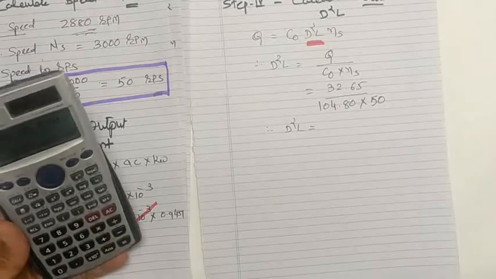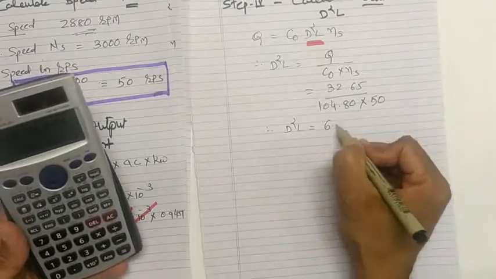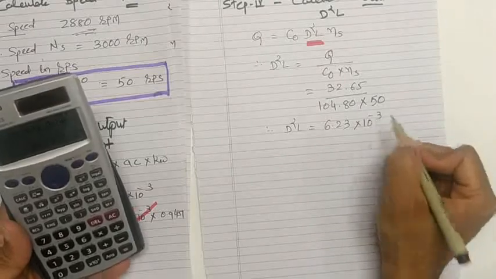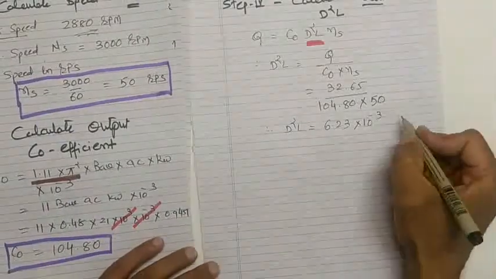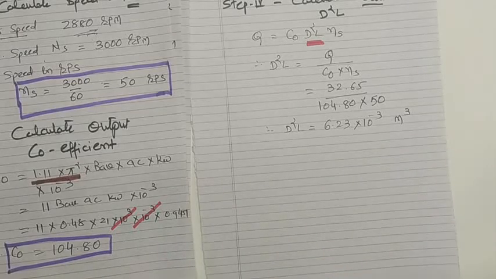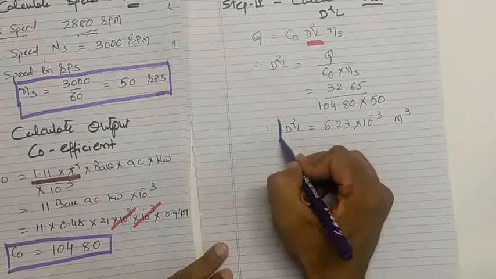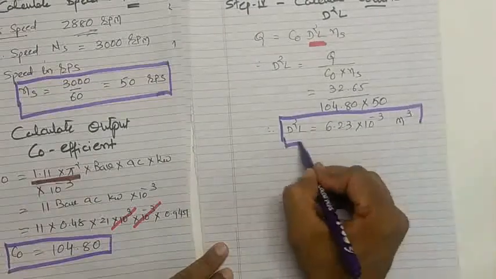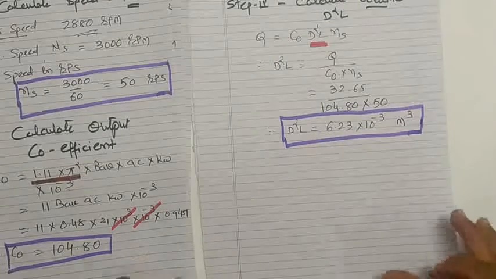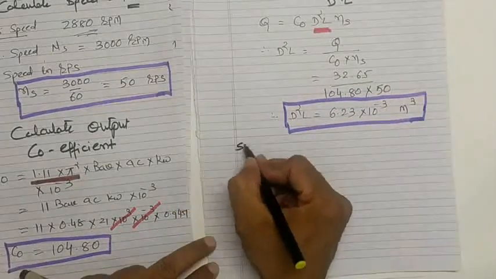It comes to 6.23 multiplied by 10 raised to minus 3, and this is always in meter cube because it is a volume. So D square L, in step number 4 we have calculated. Now let us proceed towards step number 5.